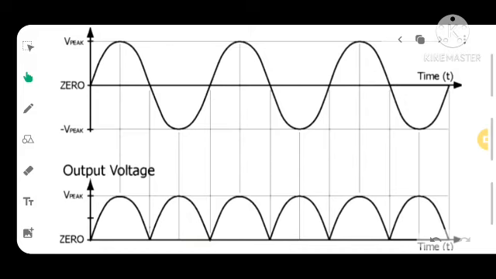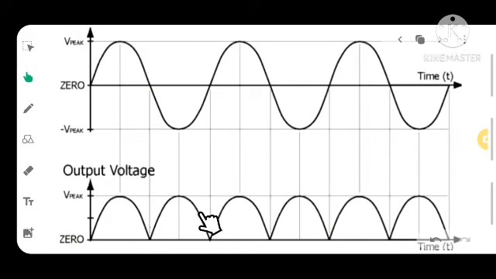And what is the amplitude? From this to this is the amplitude. You can also take the value from this point to this point as the amplitude, and from this point to this point is the peak to peak voltage. As you can see, the positive peak and the negative peak, so you only have to take the magnitude part, and you will get the peak to peak voltage.